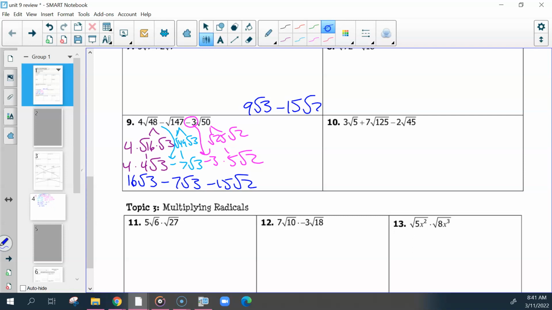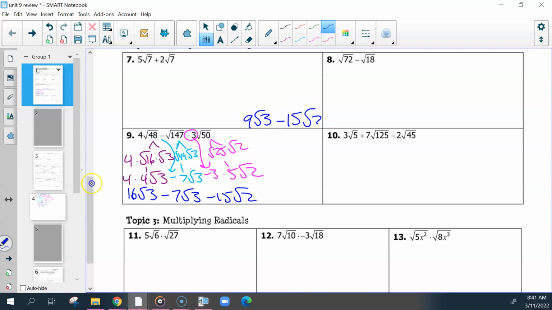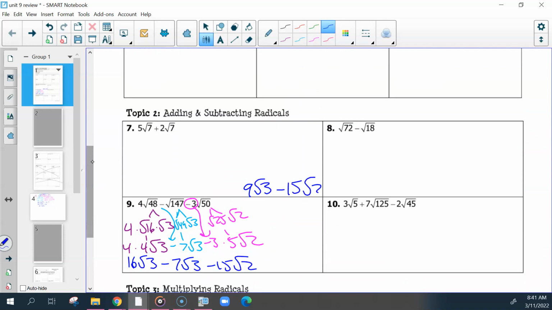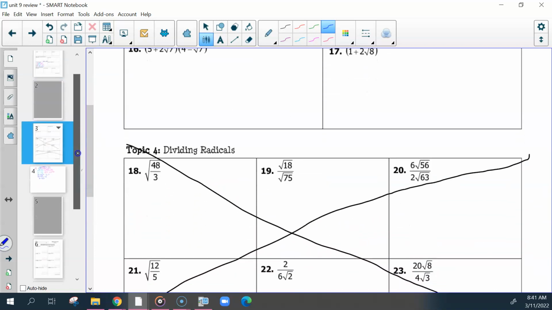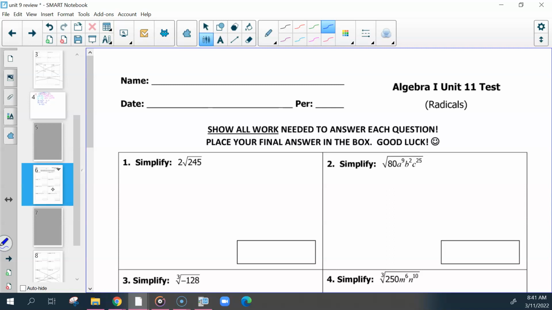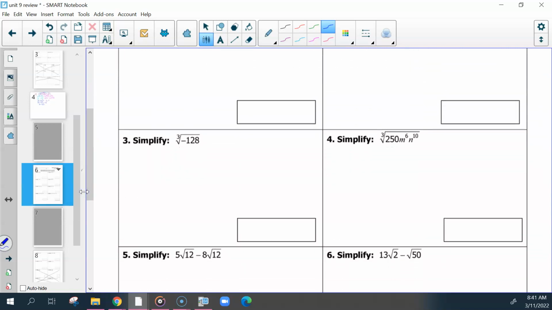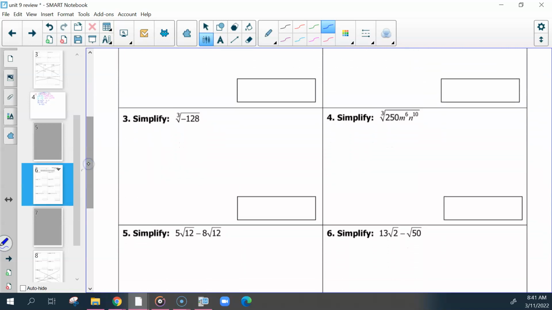Say that again. This one? Okay. First, bring out your negative. You're looking for the shortest method.